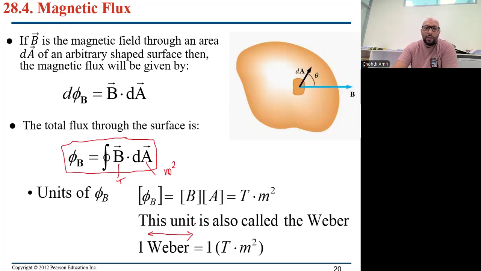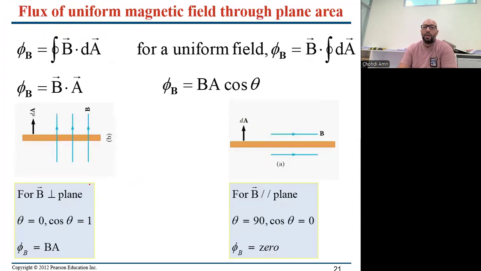Okay, so this is our equation for the total magnetic flux. Let's continue. This magnetic flux will be the dot product between the vector B and the vector area A, only if the magnetic field is uniform through a regular surface area.